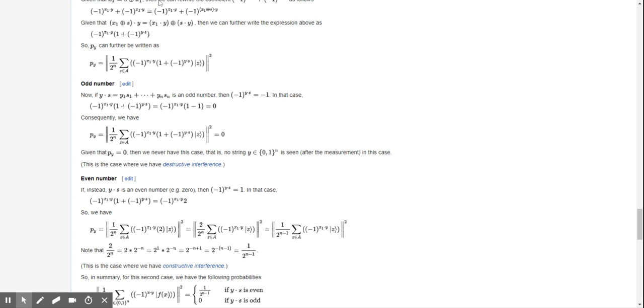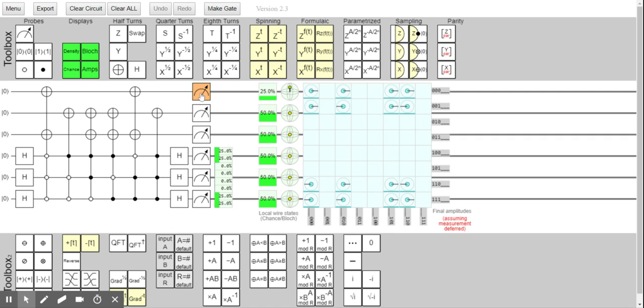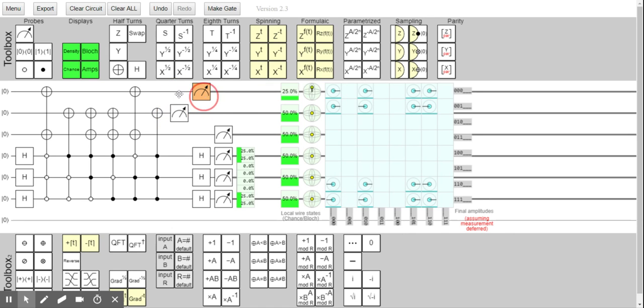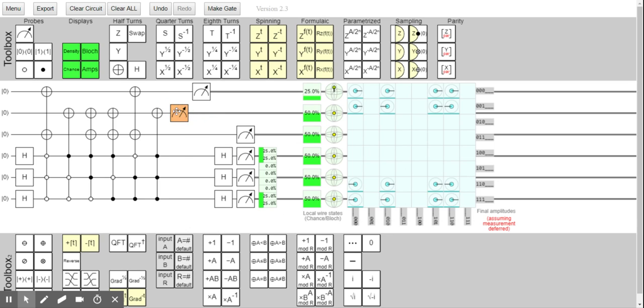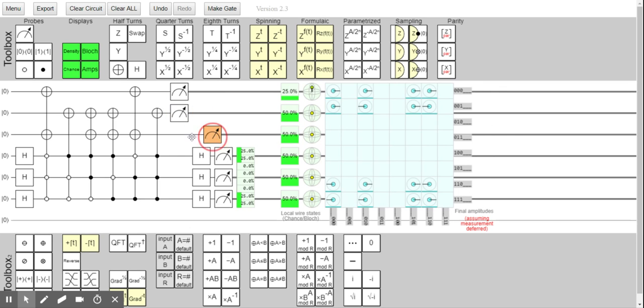Because another way this is explained is that there's a measurement that happens kind of here, whereas we first measure that, and then we apply the Hadamard.